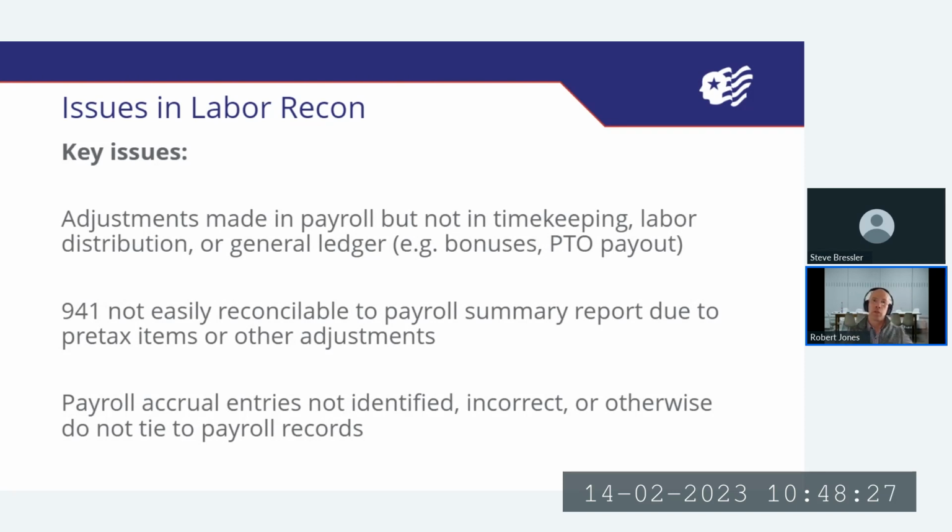So if I look at the process flow, I've got timekeeping, right? That then goes to labor distribution, that labor distribution report. The whole process of labor distribution is we convert those hours into dollars. Those are now posted in the general ledger and in my job or project ledger, and they then go over to payroll, right?